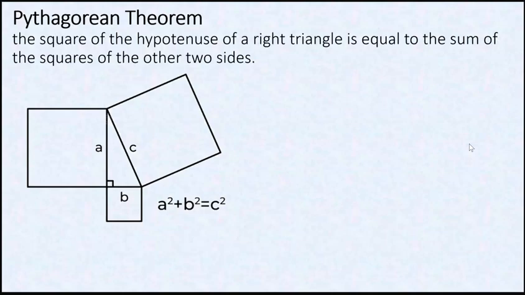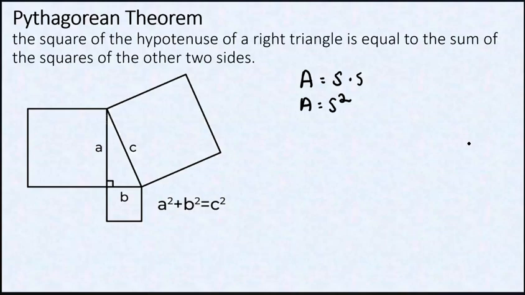So let me focus on this c squared for a second. If I could find the area of a square, the way I would do that is I would say either side times side or A equals side squared.